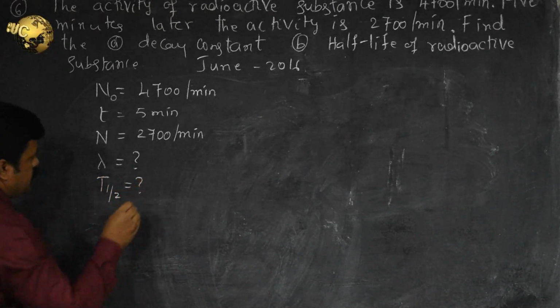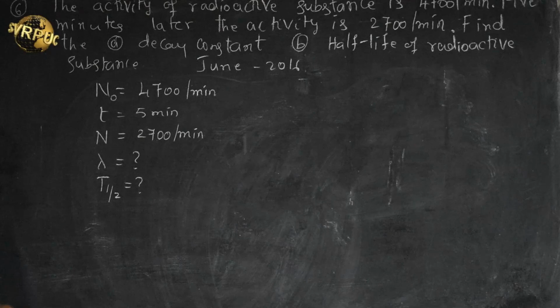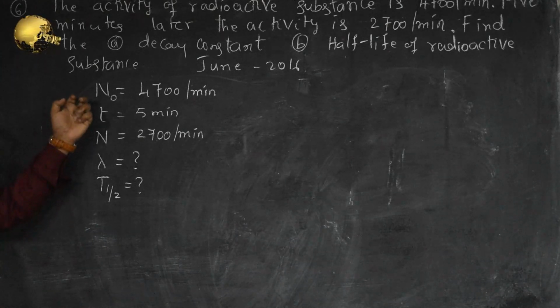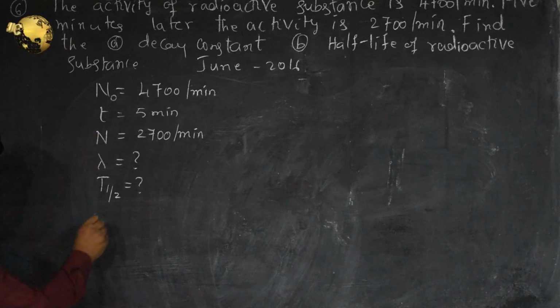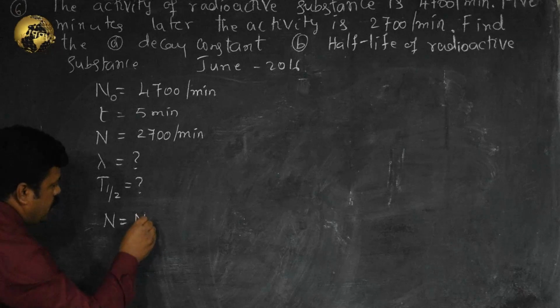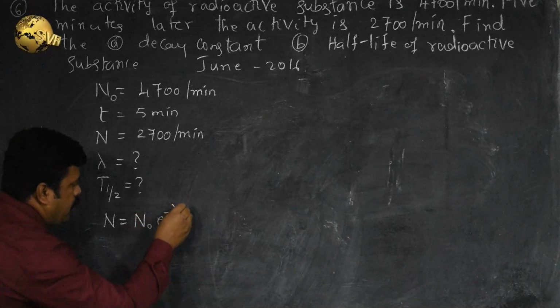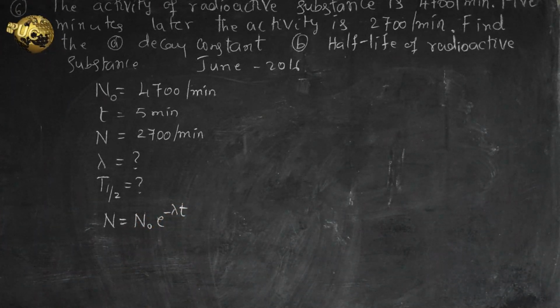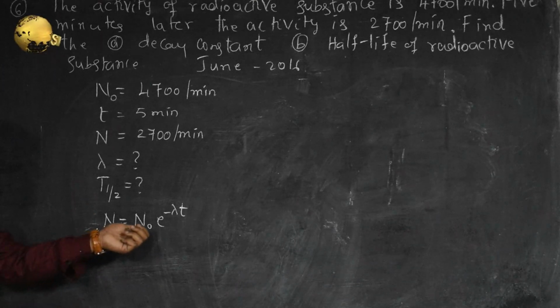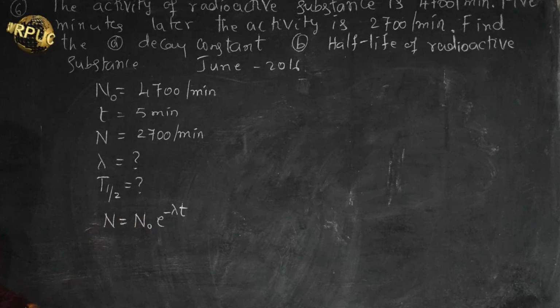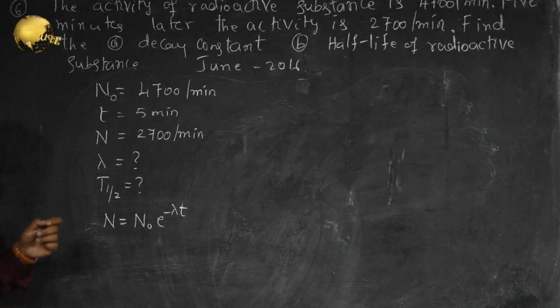So if you calculate the decay constant, then we can easily calculate the half-life. By looking at the quantities N naught, t, N, lambda, we have the direct equation: N is equal to N naught e to the power minus lambda t. N is the sample after a certain interval of time, N naught the initial sample, lambda the decay constant, t the time for the change in sample.